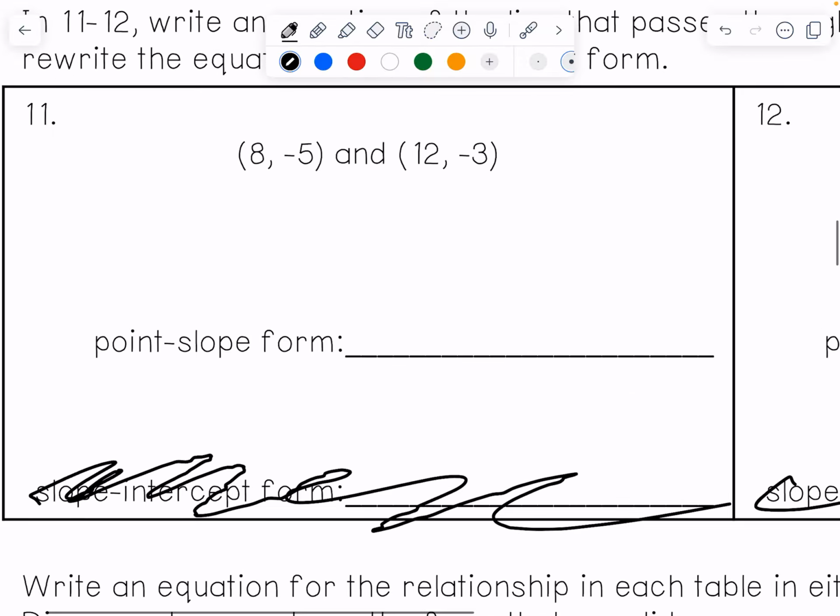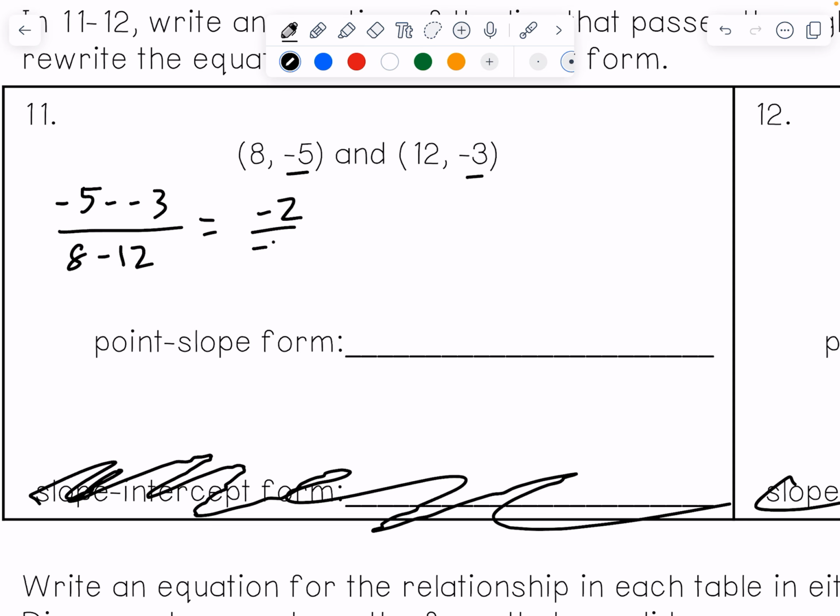Okay. So for our slope, again, our y values go on top, and our x values go on the bottom. This would clean up to, let's see, let me use my super smart brain. Something like this, something like 1/2.